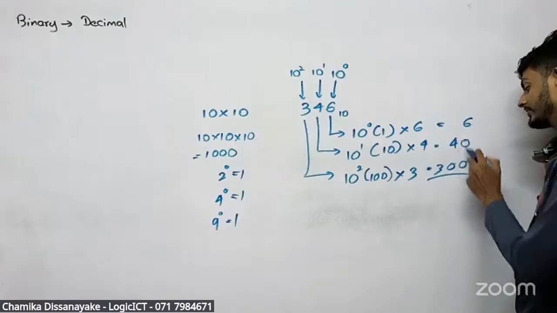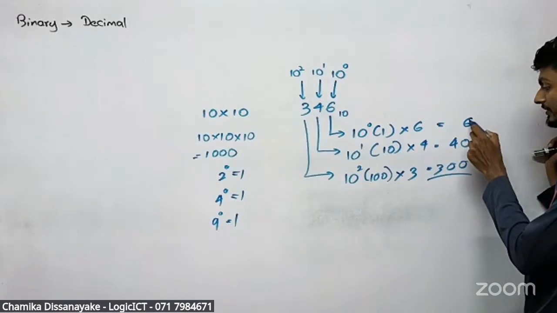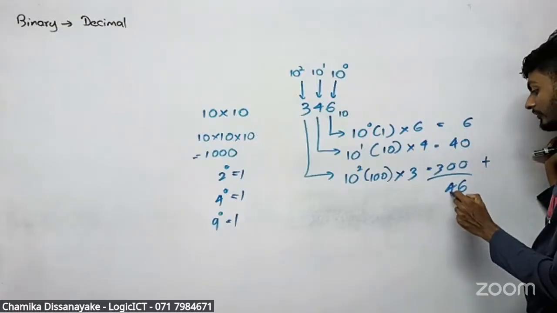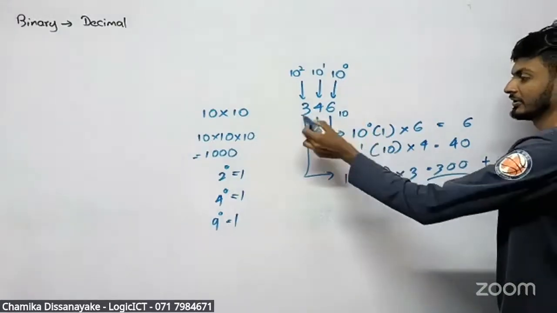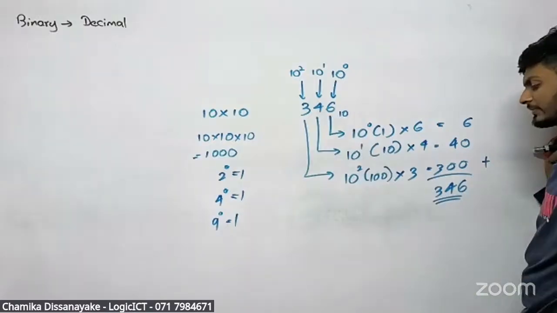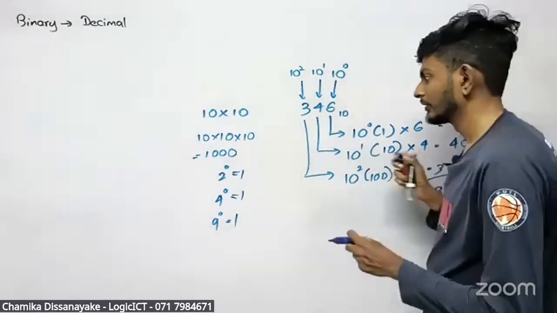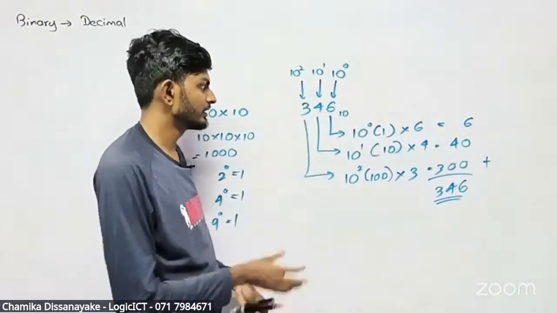If we add these three numbers, 6, 40 and 300, you can see the answer will be the same: 346. The same answer. This is how the decimal number is formed.